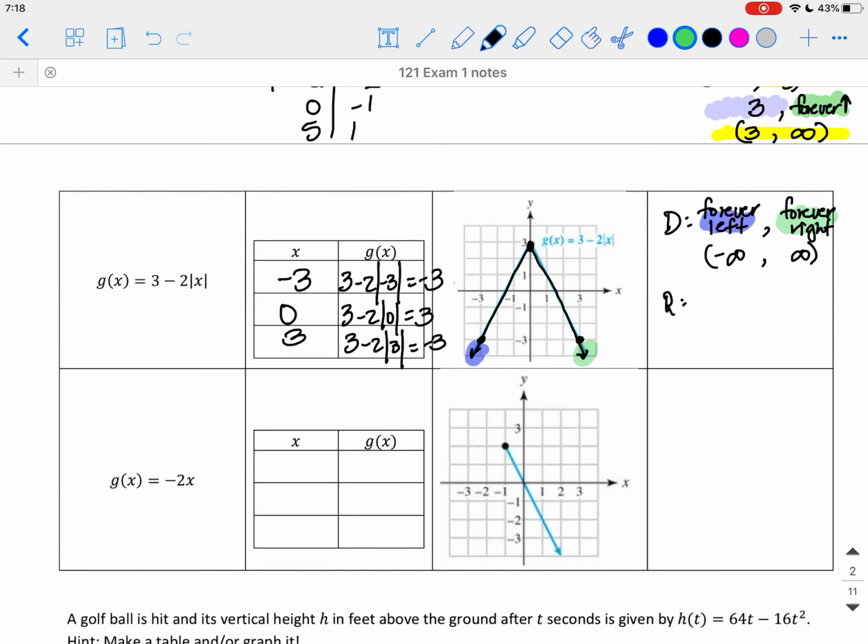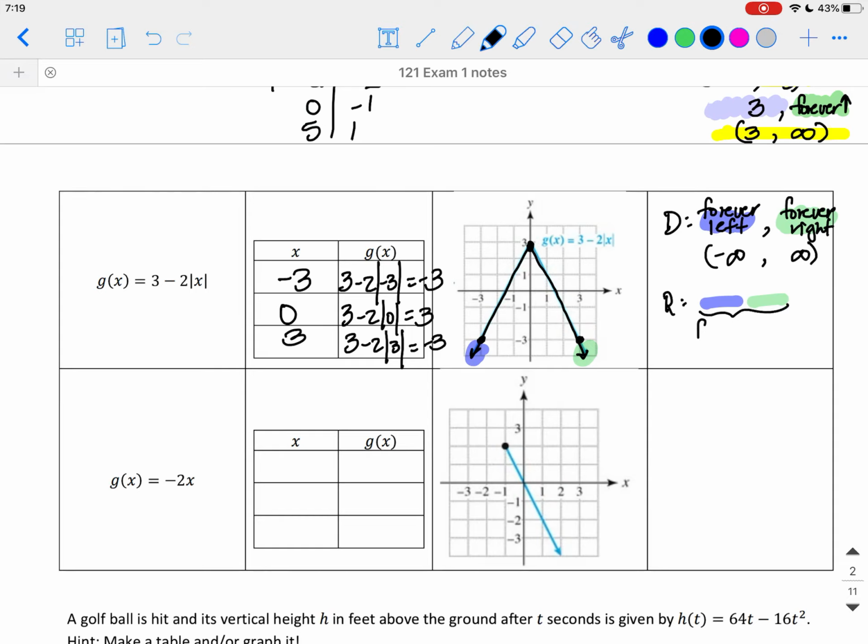My range, my lowest y value. So my lowest y value is going to be, because of both the blue and the green one, my lowest is going to be, these are going forever down.